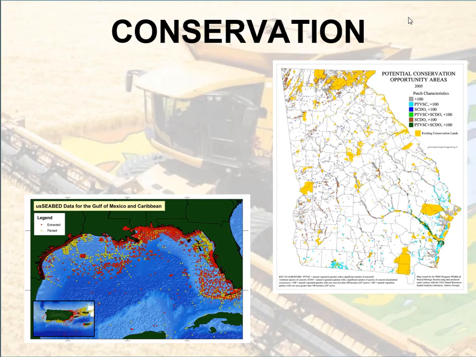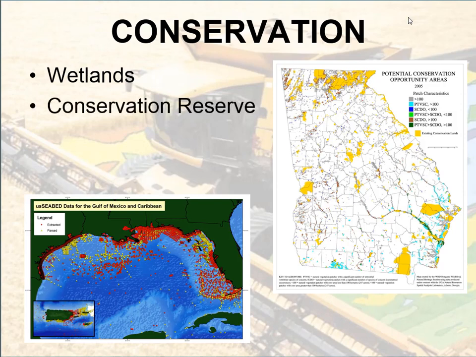In terms of conservation, this is getting to be a huge area of precision ag, and there are numerous examples. Being able to track wetlands, as well as what's going on in those wetlands and what has changed. Looking at conservation reserve programs, monitoring those and outlining them, and then following through and keeping track.